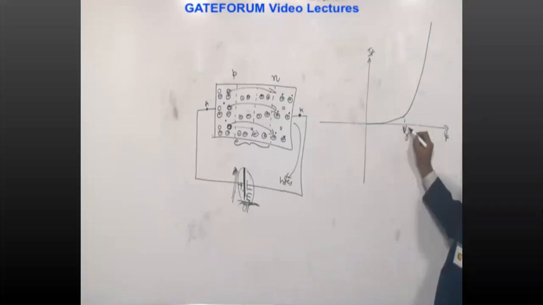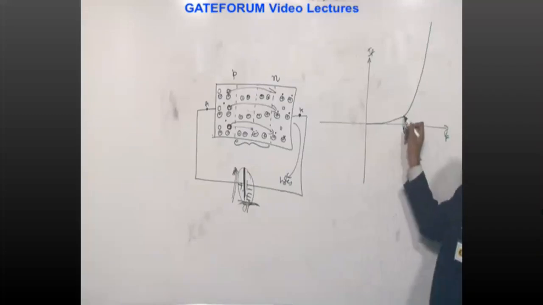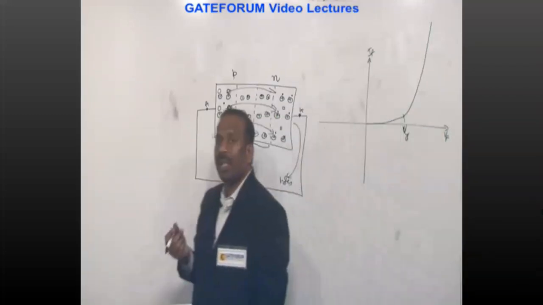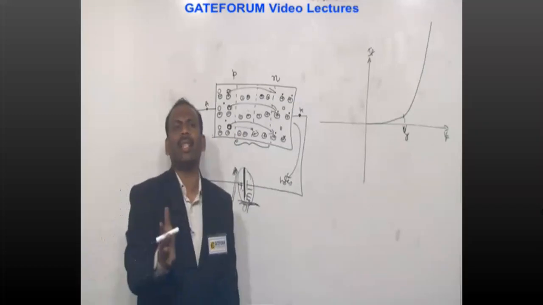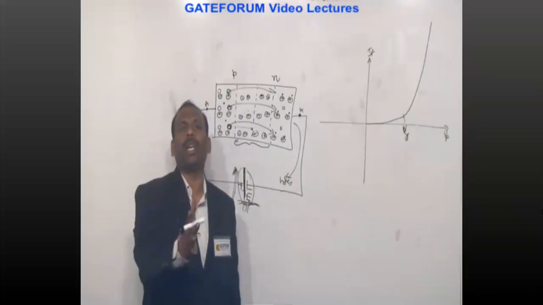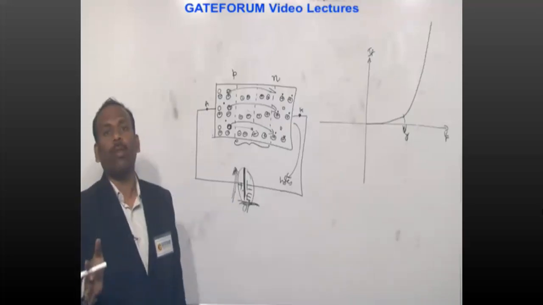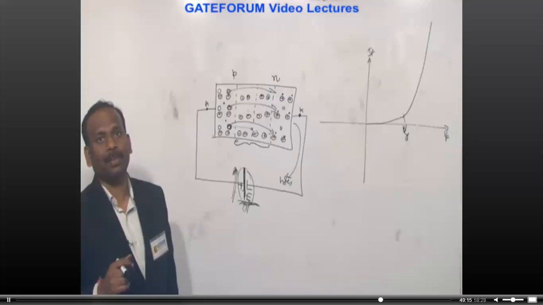So below cut-in voltage, current is negligible. Once cut-in voltage is reached, that means internally the depletion layer became 0. Then the charge carriers can move freely, holes from P to N, electrons from N to P, resulting in a very large current.